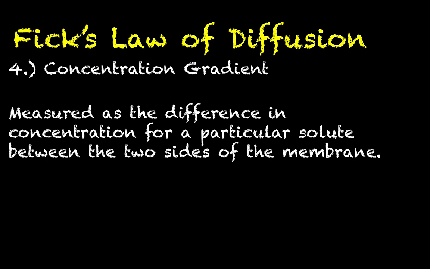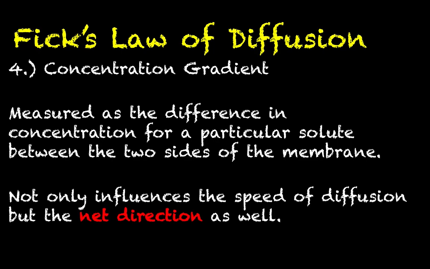And finally, possibly the most important of these factors that affect diffusion rate is what we call concentration gradient. A concentration gradient is just measured as the difference in concentration for a particular solute between the two sides of the membrane.